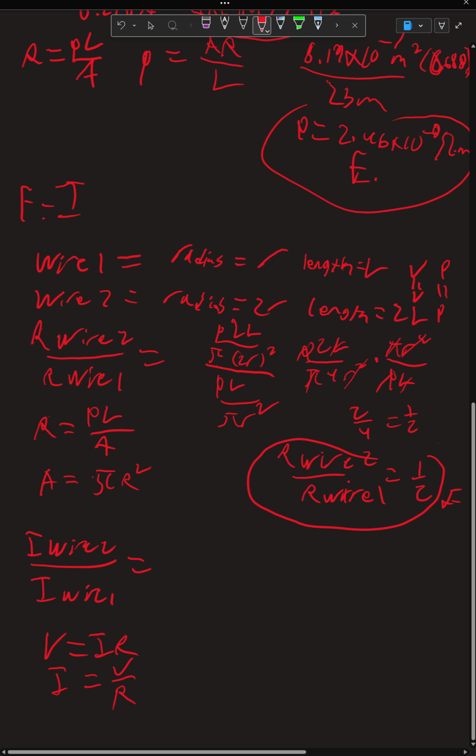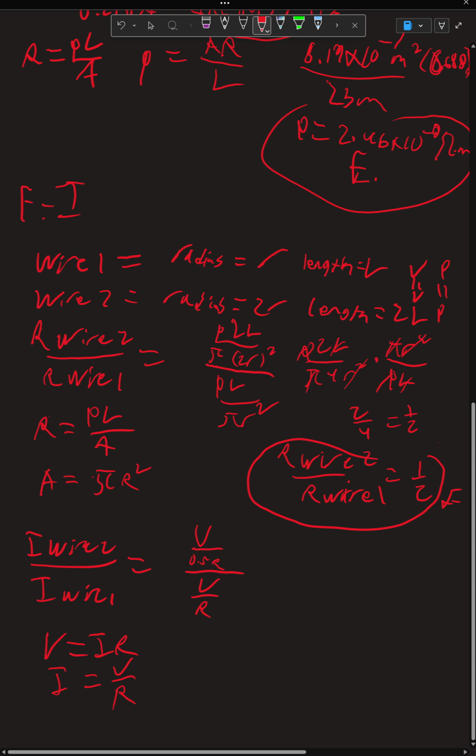The resistance of wire 2 is half of wire 1, so all we have to do is plug it in. That would be V over 0.5 R.